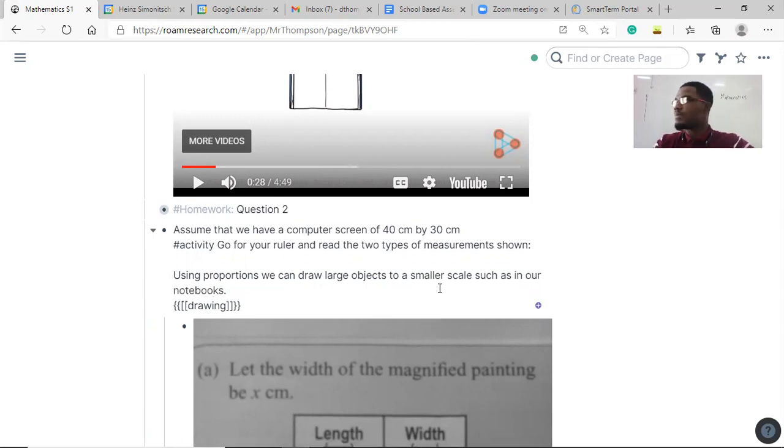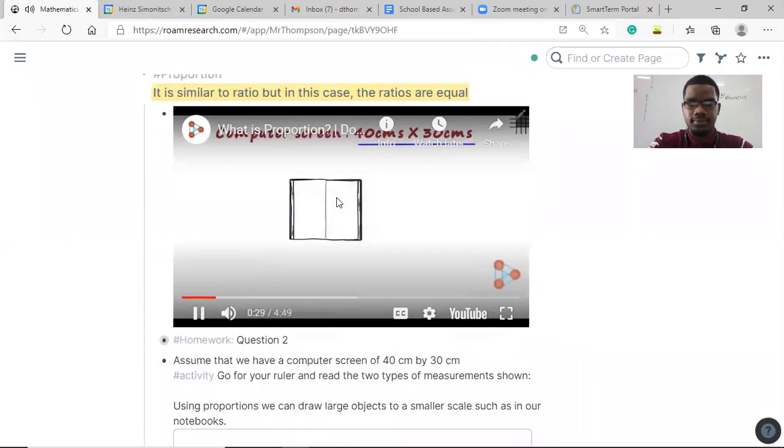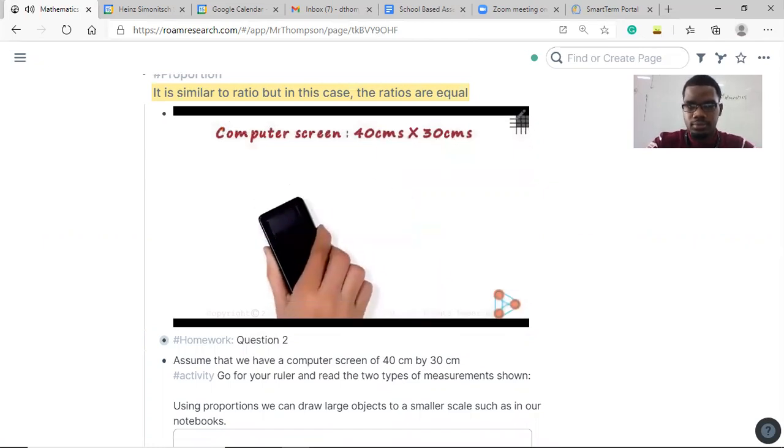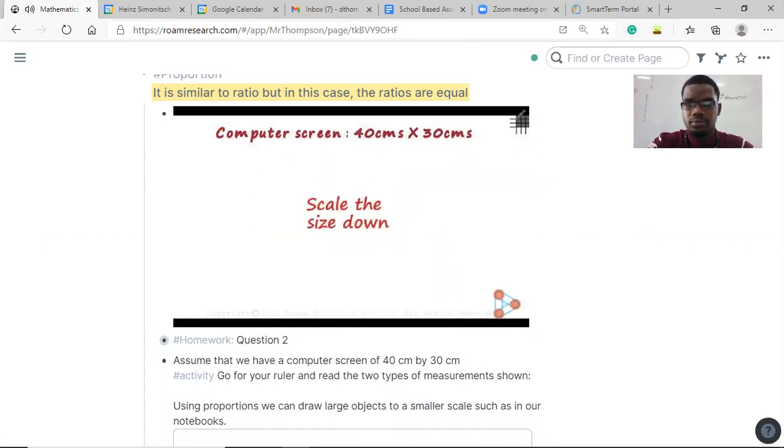That's why you read a book and you see those drawings that I said, not in scale, not to scale, right? But it is proportionate. So it does look like a building, okay? Your notebook would be too small for that. So what you do is scale the size down. Right. This term is very important. You scale the size down.